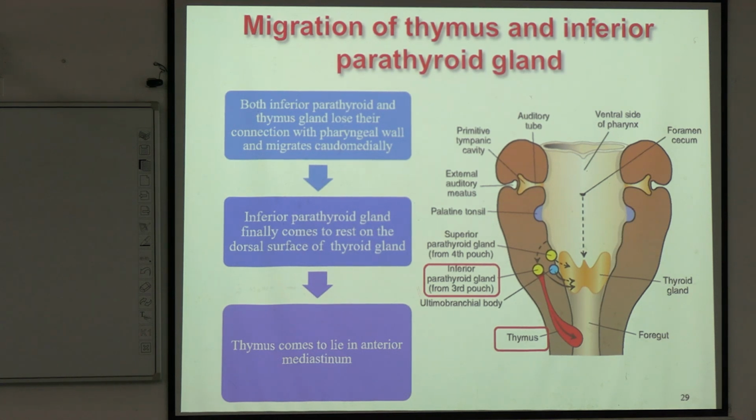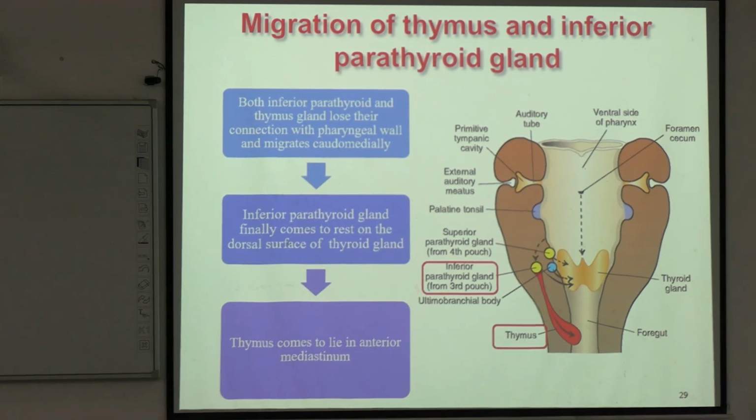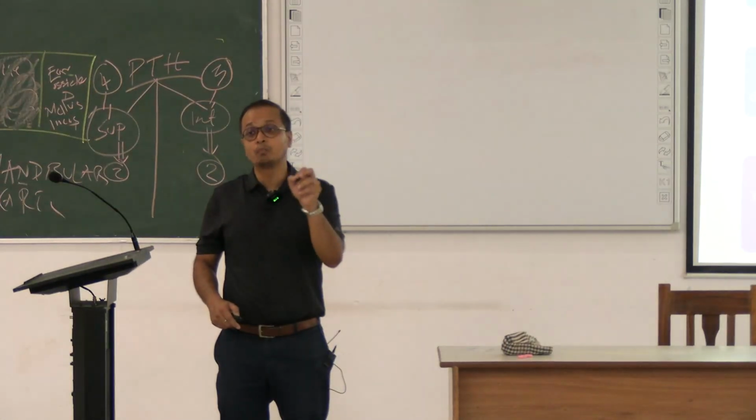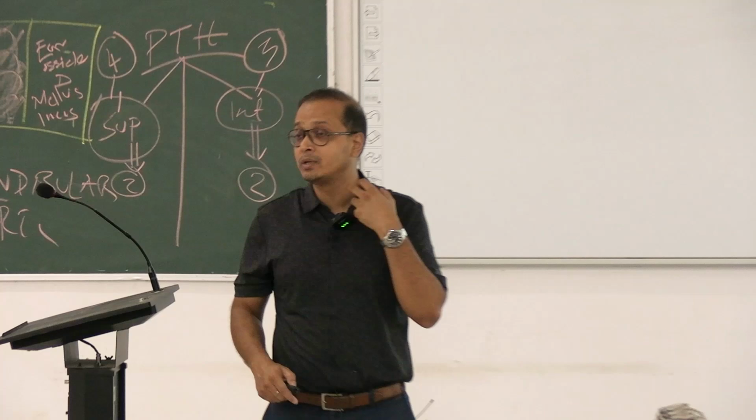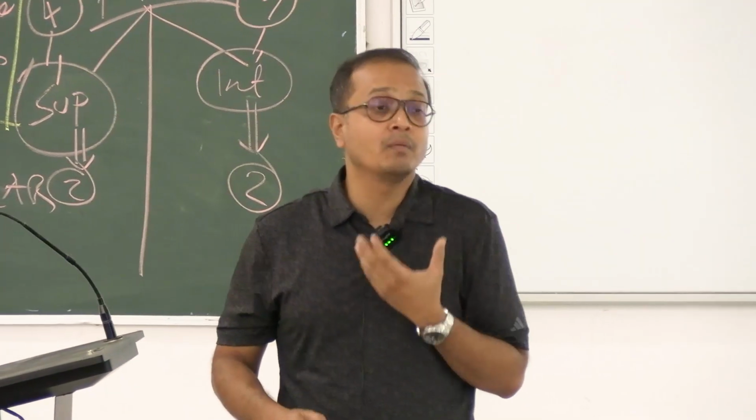So, this migration of the third pouch is very important. If it migrates successfully and settles down into the thorax, it is fine. If it loses track of where it should be going, it can be anywhere in the neck region. So if you are going to deal with any neck structures, you have to make sure you are not damaging any tiny object like a parathyroid gland, because it can be in the neck region, on the side of the neck, or in the chest region.